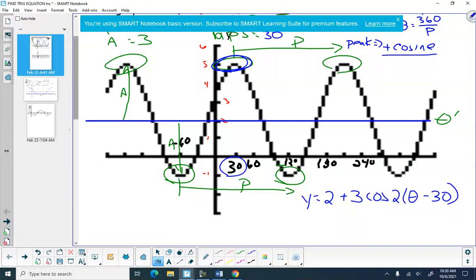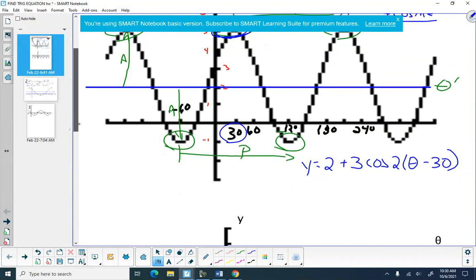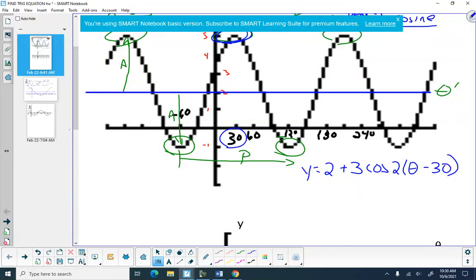Now, once again, there's an infinite number of solutions here. Suppose you want a horizontal phase shift of negative 60. If you had a horizontal phase shift of negative 60, you went to this. Now you're at a valley value. Now you can write the equation y equals 2 minus 3 cosine 2 theta plus 60.